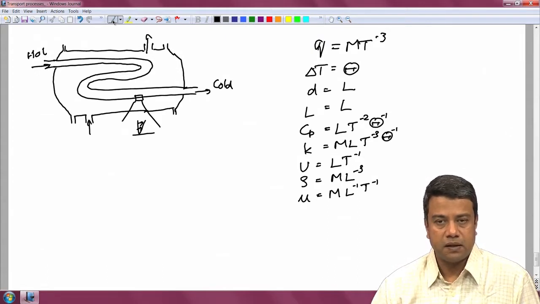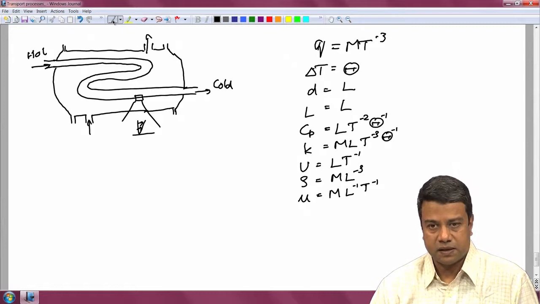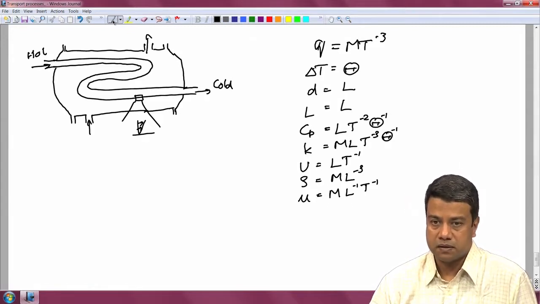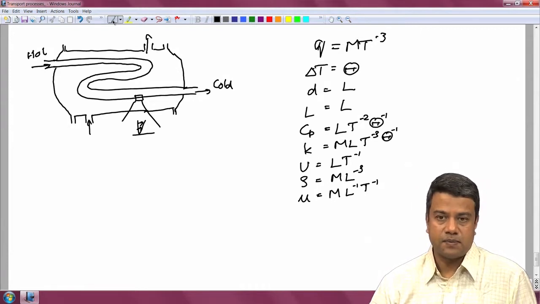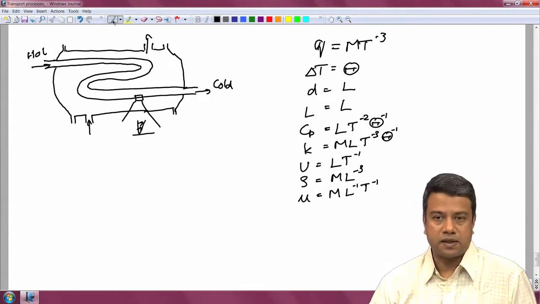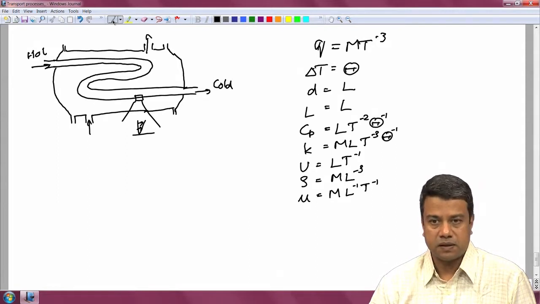If we make this distinction between thermal energy and mechanical energy, we get one more dimension in this problem, and that is the thermal energy. And all the thermal quantities can be expressed in terms of thermal energy, while all the mechanical quantities can be expressed in terms of the mechanical energy.